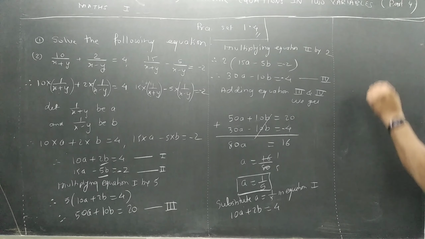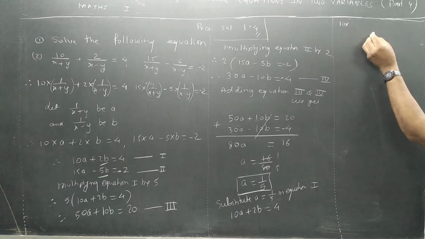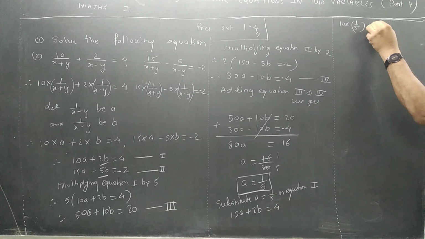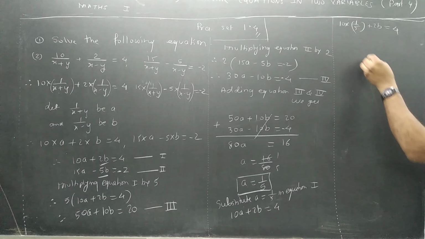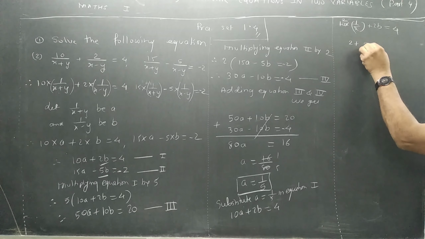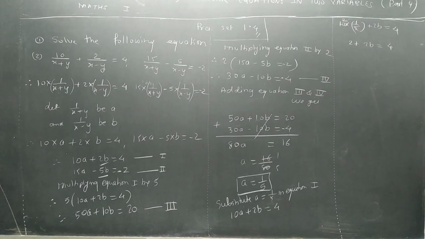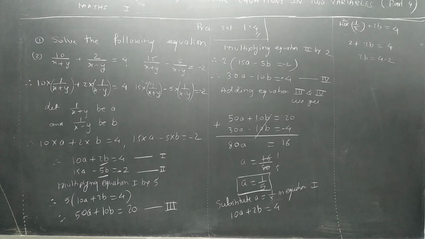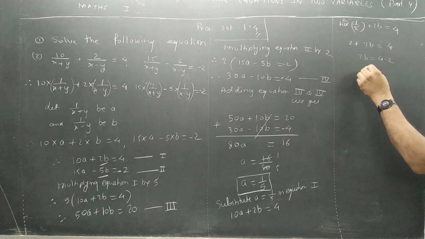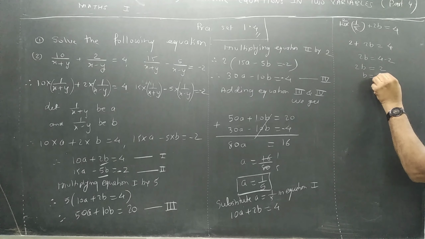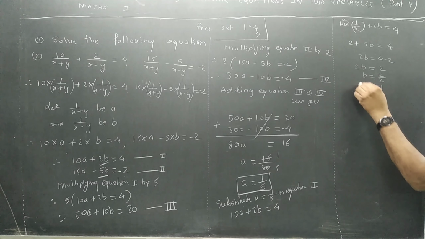Instead of a, what am I going to write? 10 into 1 upon 5, right? This plus 2b is equal to 4. So this gets cancelled. So what you got? 2 plus 2b is equal to 4. So ultimately 2b is equal to 4 minus 2. You got it? So what do you got now? 2b is equal to 2, b is equal to 2 by 2, b is equal to 1.